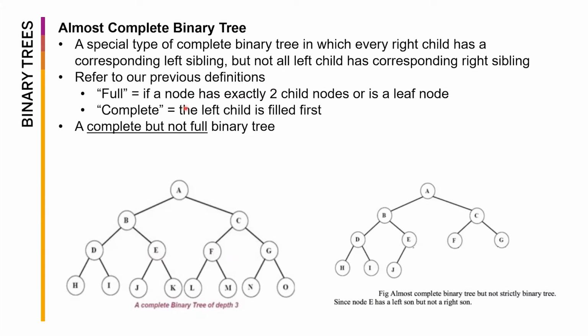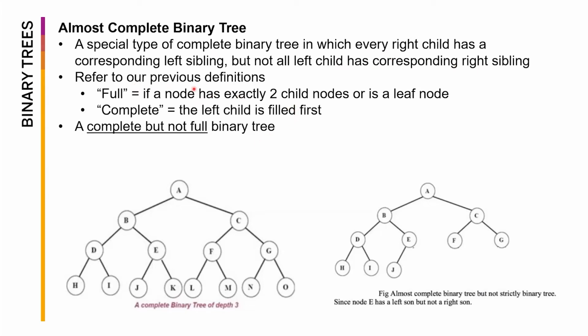It's a special type of complete binary tree in which every right child has a corresponding left sibling. So if you are the right child, basically your family of nodes is full. You have the left sibling, but if you are the left child, it's okay. If you have a left child, then it doesn't necessarily have a right sibling. So only the left child is defined.